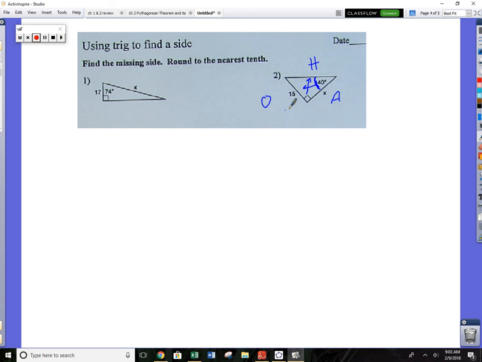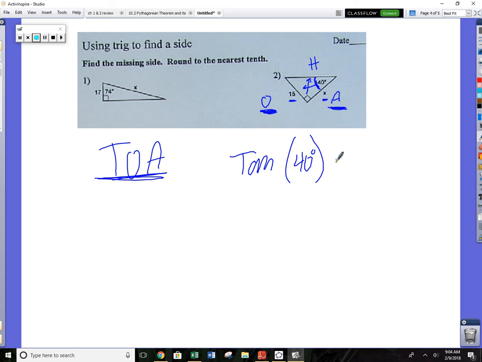Okay, now, you need to use the two sides that are given. Let's use the 15 and let's use the x. So we've got to use the trig that uses O and A. Which trig uses opposite and adjacent? It's got to be tangent. Alright, so here we go. Your trig is tangent from the 40 degrees.